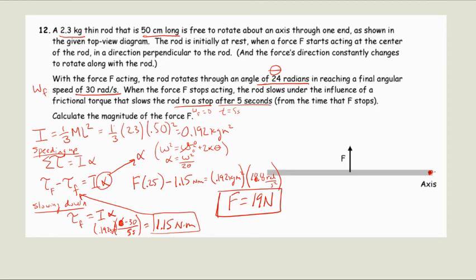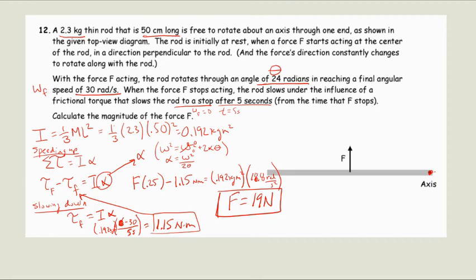Now, if my force stops acting, my rod slows down eventually. And it slows down because there's some kind of friction. There's friction acting in the hinge, which is causing the rod to slow down. Well, the friction was already acting there because it's the kinetic friction, the friction from that motion.